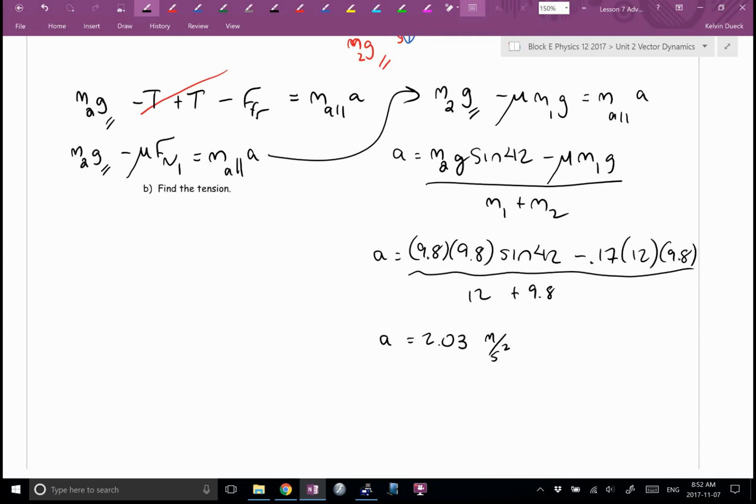Are you ready for my worst joke of all time? I only came up with it last year. It took me 19 years to make this up. So here it comes. Taylor, what does B want me to find? Why can't I use this equation to find tension? What happens to the tensions in this equation? Are you saying we have a tension deficit disorder?